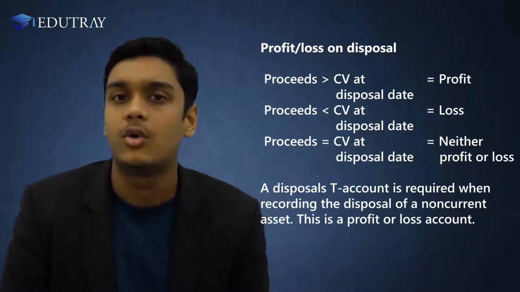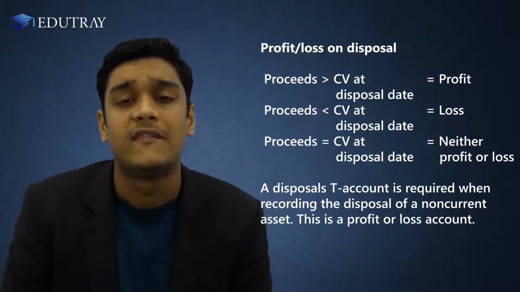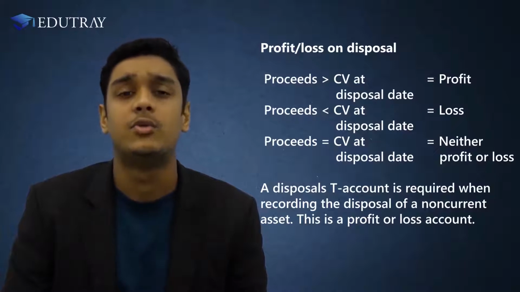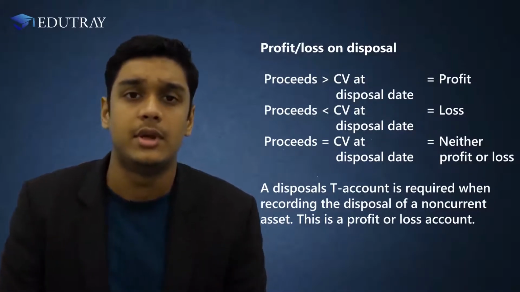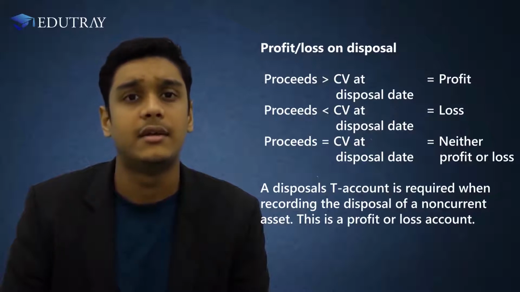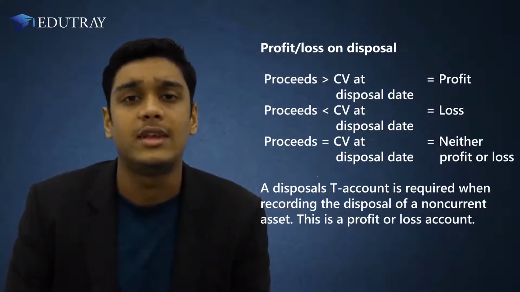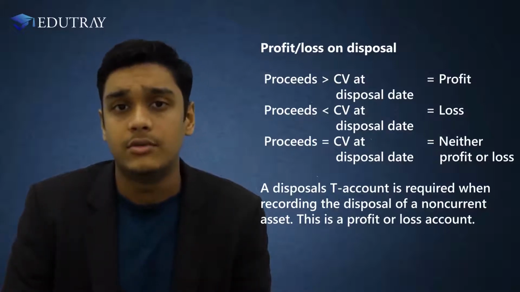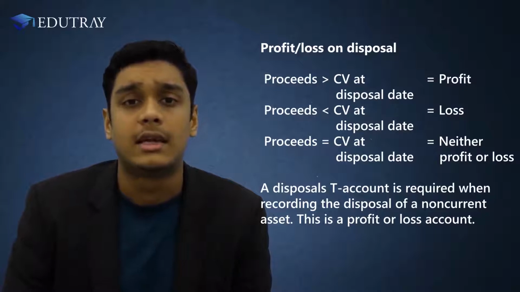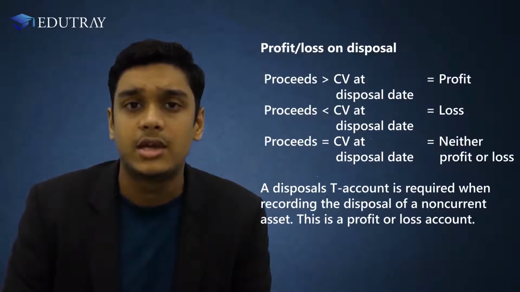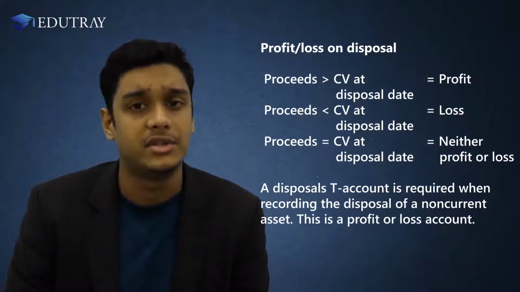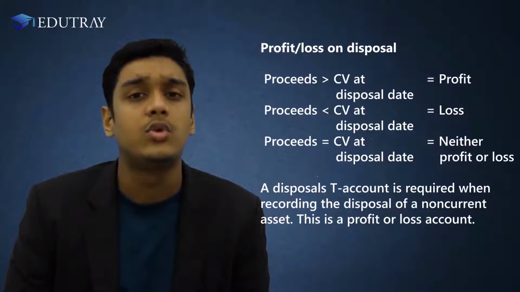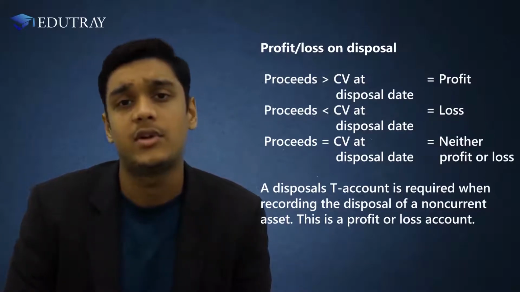So we account for disposal and we also find out the profit or loss on disposal, because that is very significant to record in our financial statements. Because guys, everything goes in line with double entry and the effects of the accounting equation. If I'm subtracting my non-current assets by the net book value, and I'm recording the cash that I received, if the cash that I received is anything different to the value of my asset, then obviously there's a profit or loss.